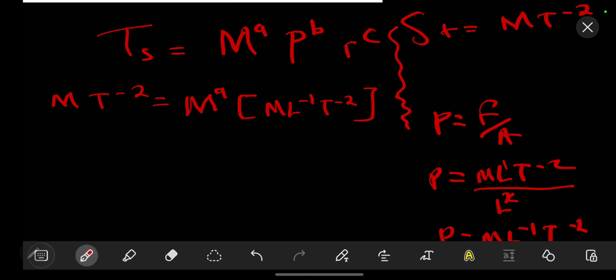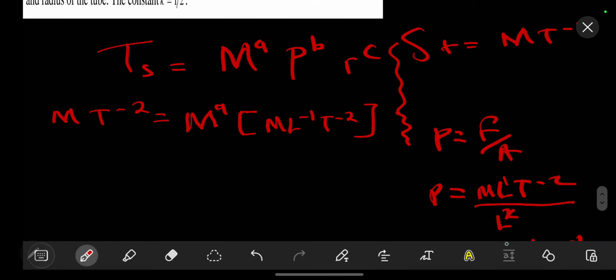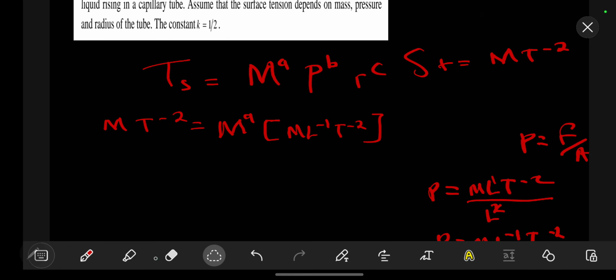Then we have our radius r, which is the unit of length to the power of c, and here we put the power of b on the pressure. After doing that, MT^-2 should be equal to M to the power a.